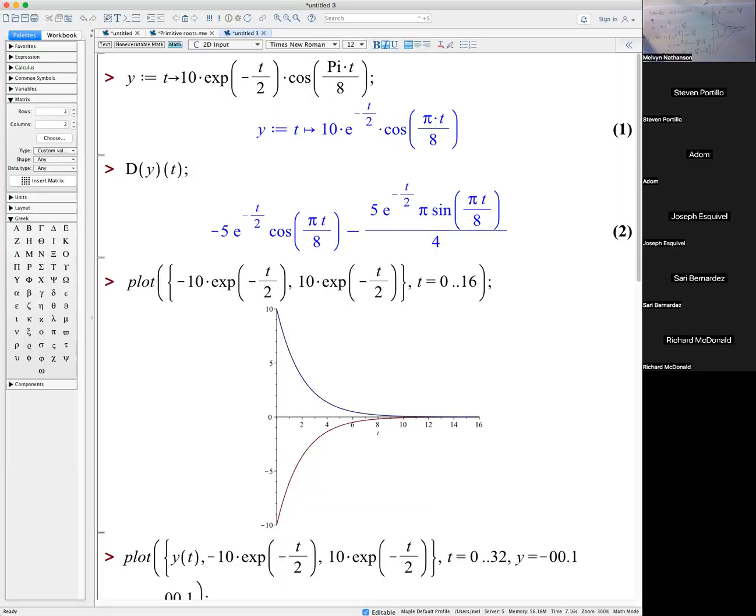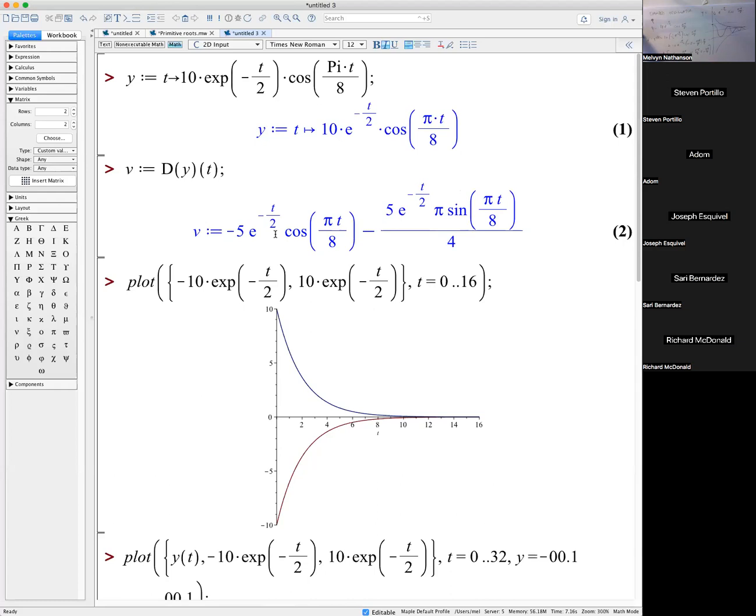So the velocity is the derivative of y at t. I have to share screen. So here's my function y, and I just inserted the derivative of y, which is the velocity. So that's the velocity.